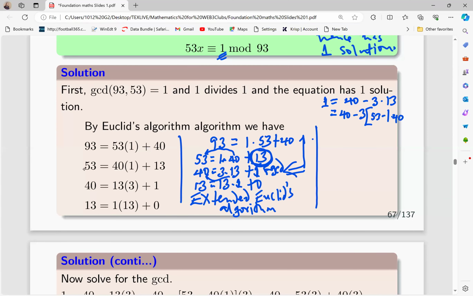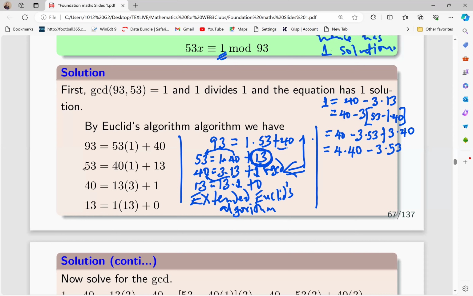Close the bracket. Now open this bracket. You have 3 multiplied by 53, and then minus times minus, positive 3 multiplied by 40. Let's put the ones that are 40 together. That gives you 4 multiplied by 40 minus 3 multiplied by 53.